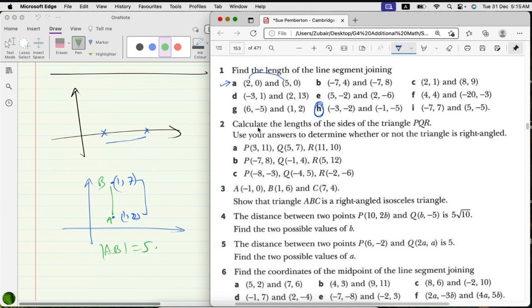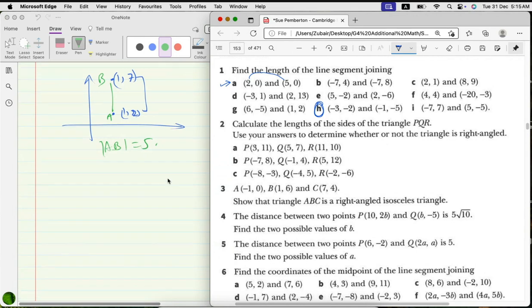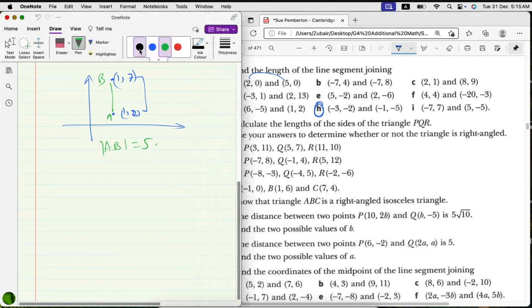So square root of x2 minus x1 squared plus y2 minus y1 squared. And what do you get when you do x2 minus x1?